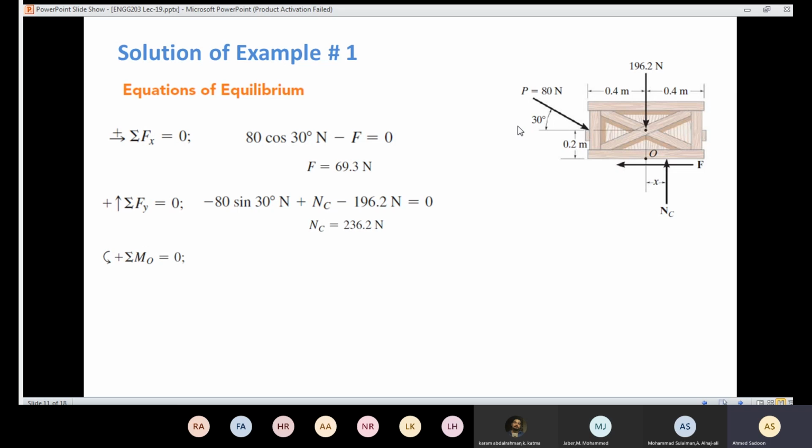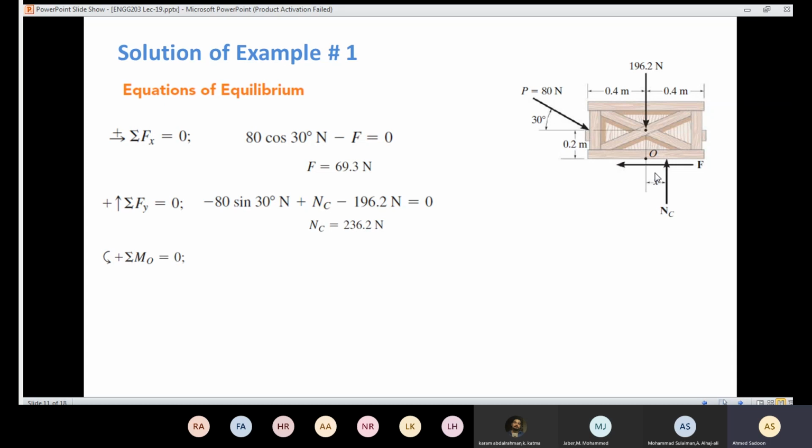I'm going to have a component here and a component there. They are going to cause a moment. So the component in x is going to be multiplied by 0.2, and the component in y is going to be multiplied by 0.4.